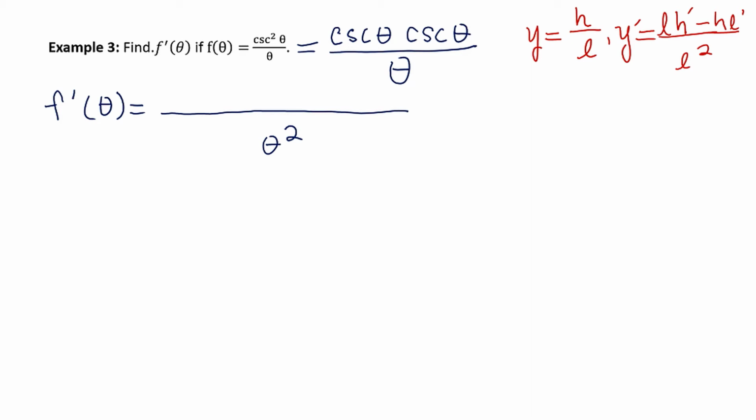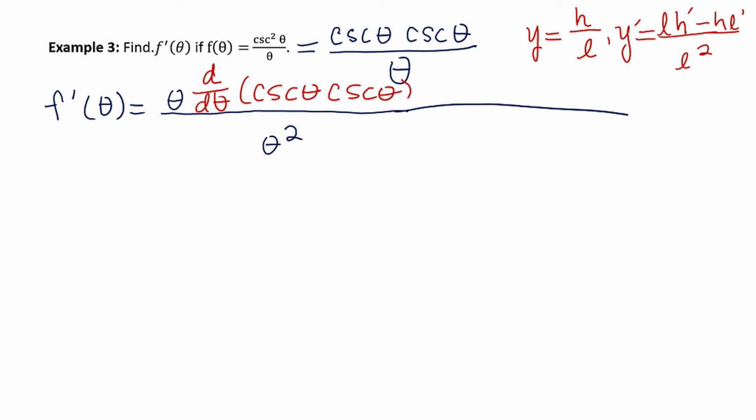Then we're going to have theta, that's the high, times the derivative with respect to theta of the numerator, which is cosecant theta times cosecant theta, minus, we have the cosecant theta squared times the derivative of the bottom. Theta is going to just be 1.